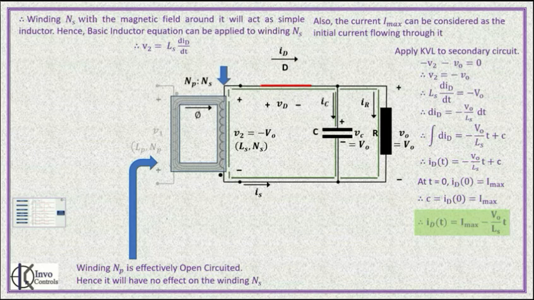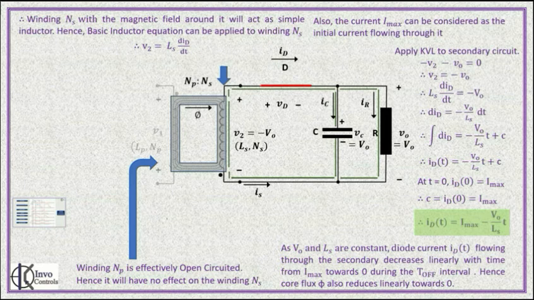Hence, we can conclude that the diode current will decrease linearly with time from the maximum value Imax towards 0, and all this happens during the T off interval. Hence, the core flux phi also reduces linearly towards 0 during this T off interval.